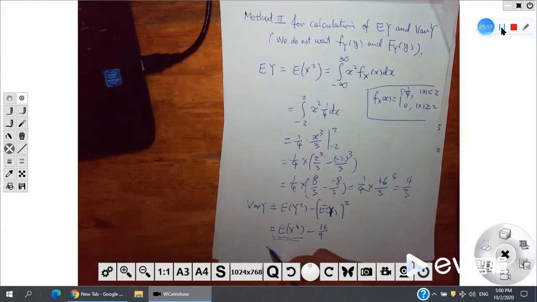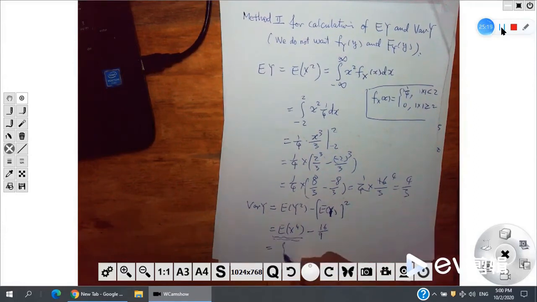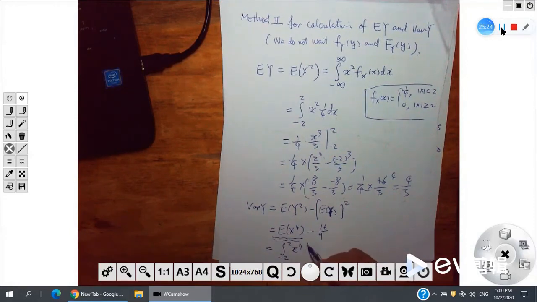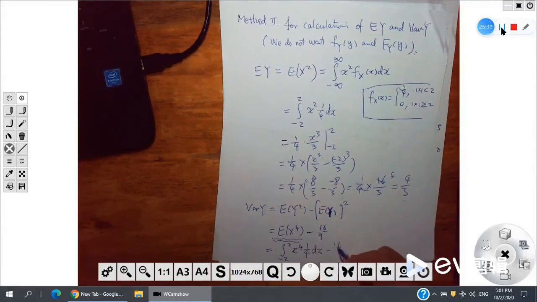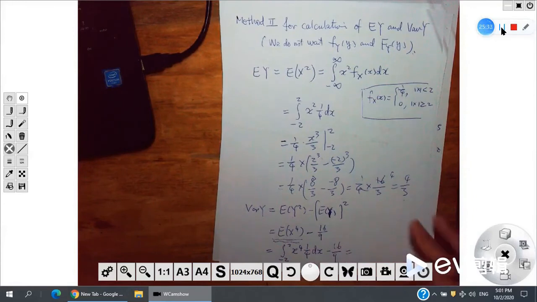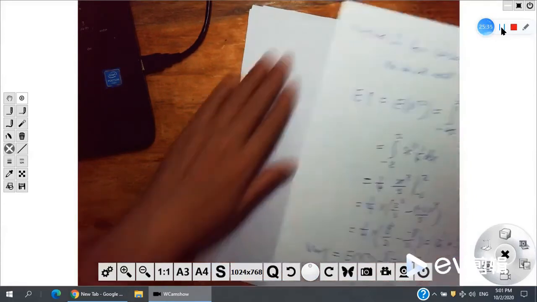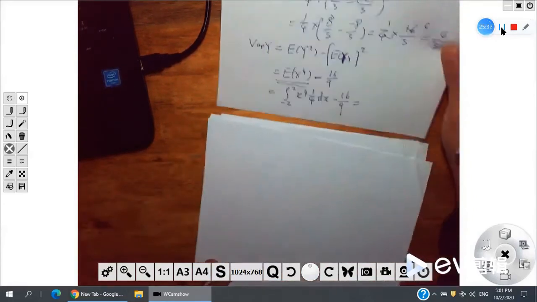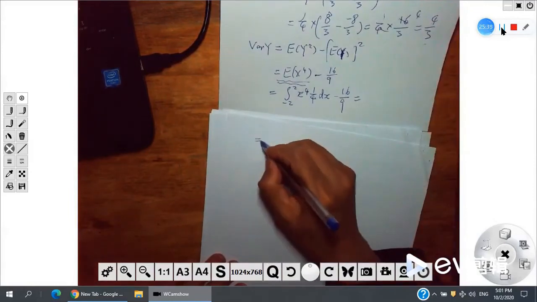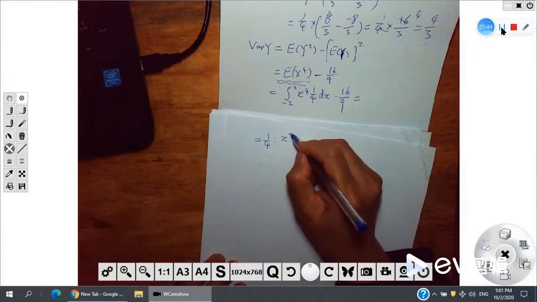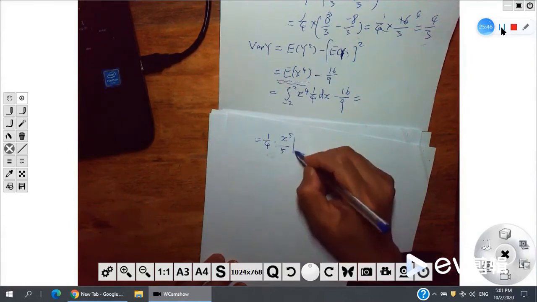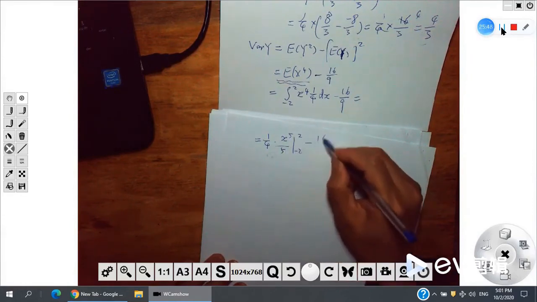So this is the integral from -2 to 2 of x fourth times 1/4, that k being the density function of x, dx, minus 16 over 9, which will be 1/4 times x fifth over 5 from -2 to 2 minus 16 over 9.